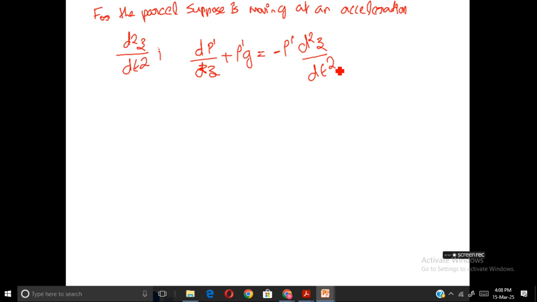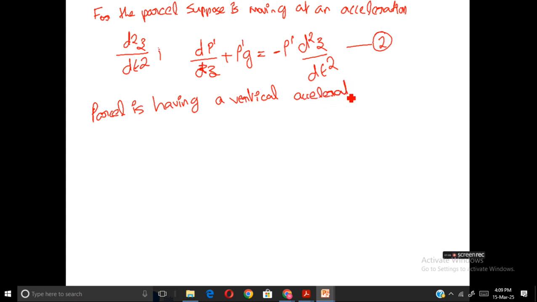Now we have the equation for hydrostatic equilibrium in case of the environment and in case of the parcel. The parcel is having a vertical acceleration of d square z by dt square.